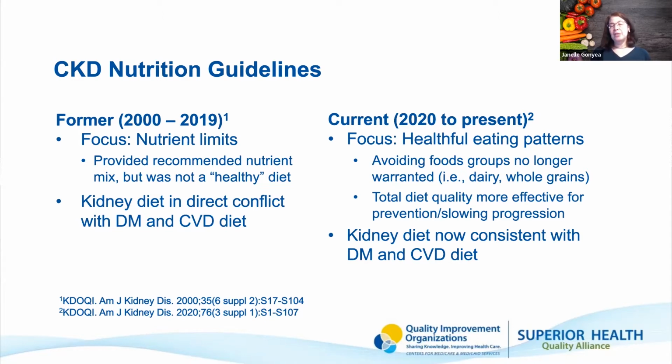We're finding that total diet quality is what's most effective to slow any kind of disease progression and promote prevention of those disease processes. And so the good news is the kidney diet is now very consistent with the diabetic diet and also eating patterns that promote cardiovascular fitness. So this is so much easier for the patients and providers as well.